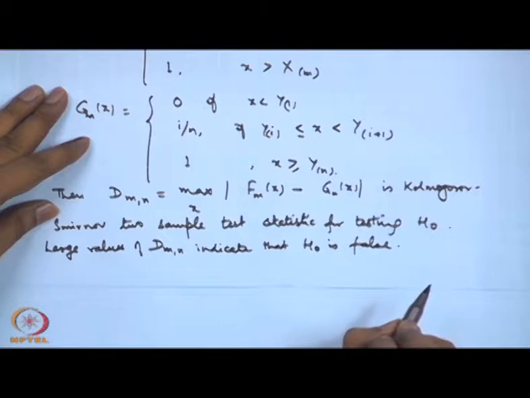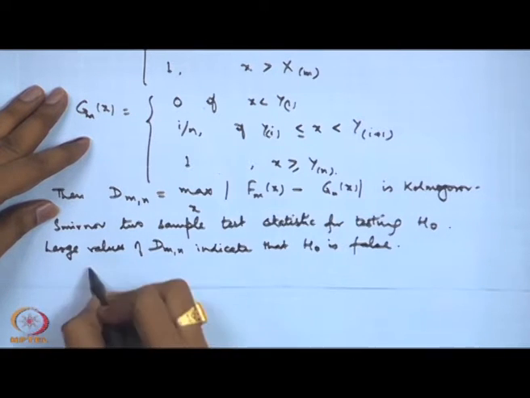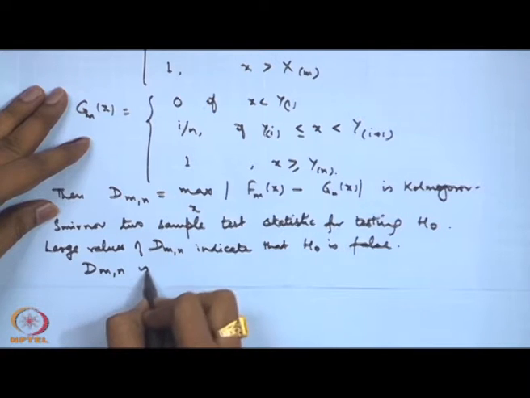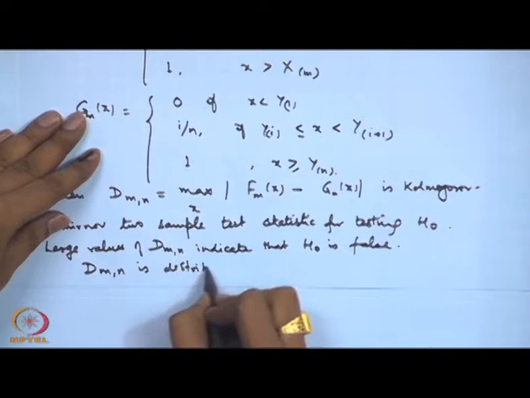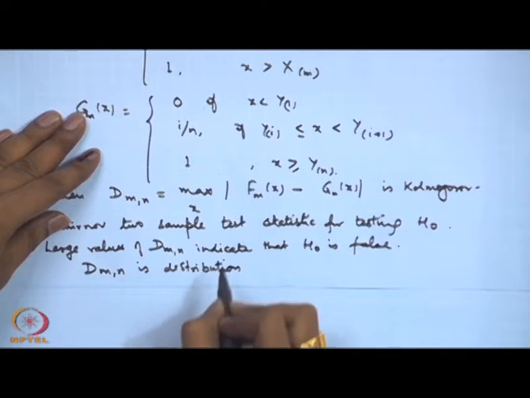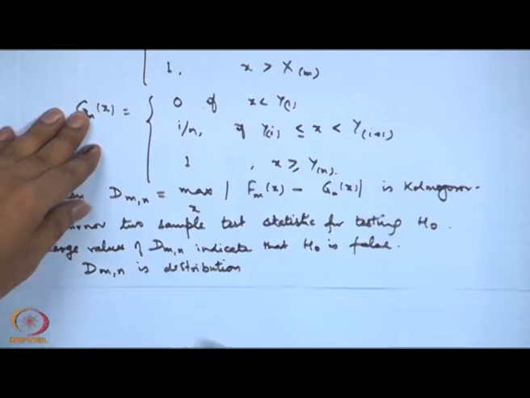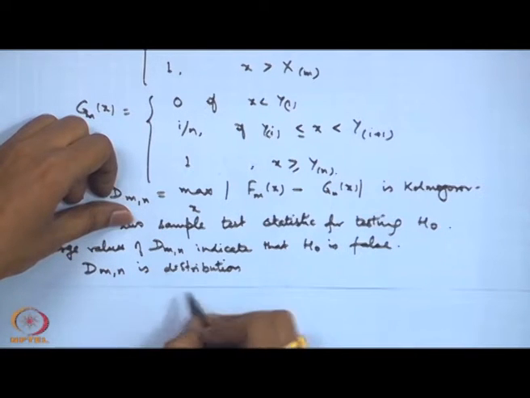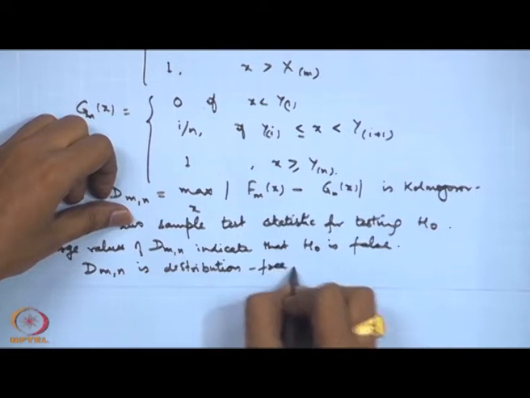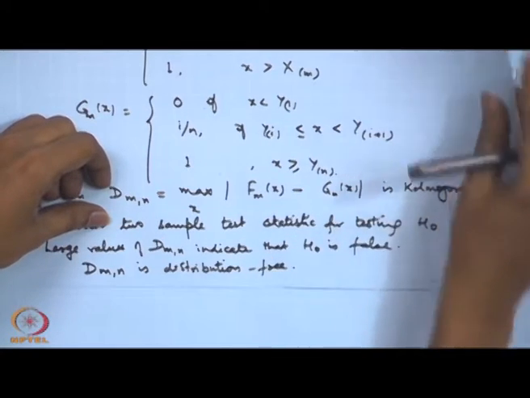So Dmn is actually distribution free. We will discuss the method of how to determine the probability of type 1 error and type 2 error based on this. Let us discuss these methods now.